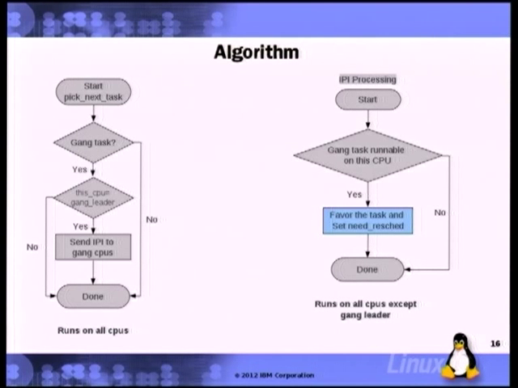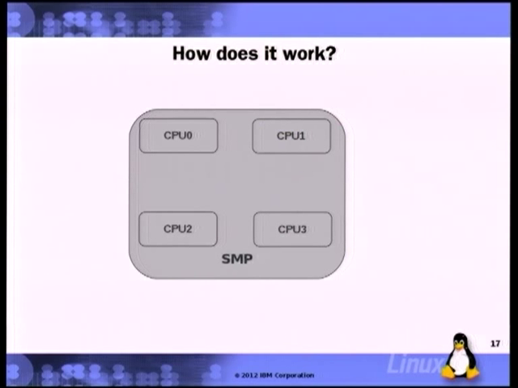This is an algorithm slide, and I would actually jump to the next slide to explain it. How will this work? Taking an example of a 4 CPU SMP machine, we need an initiator or an arbitrator which will start and stop gangs and send IPIs.